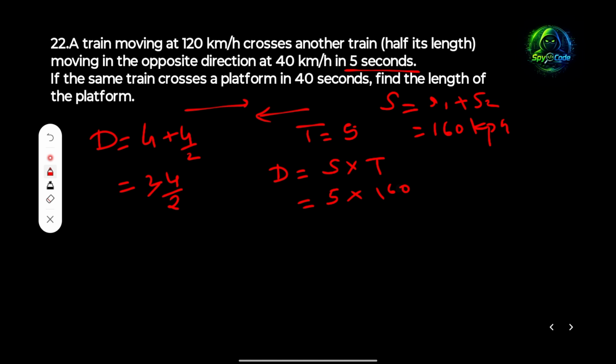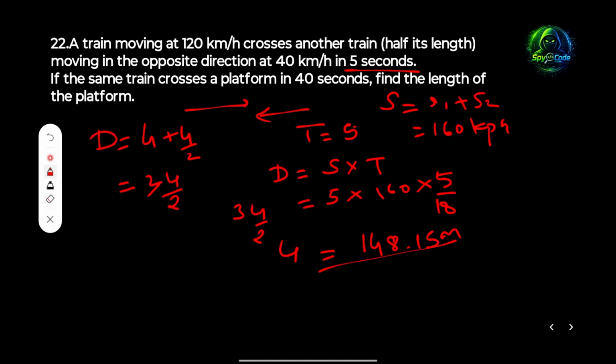Time is 5 seconds and speed 160 into 5 by 18 for converting it into meters per second. Distance is 3 L1 by 2. So upon solving this, we'll get L1 as 148.15 meters. Okay. This is the length of the train. So we got the length of the train.